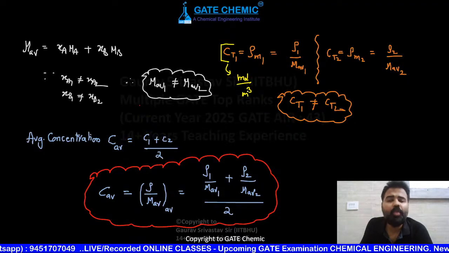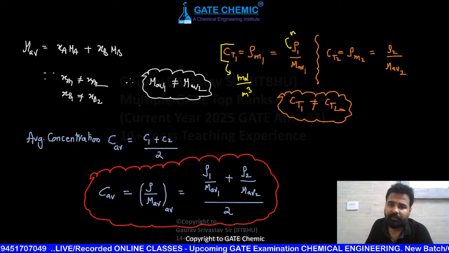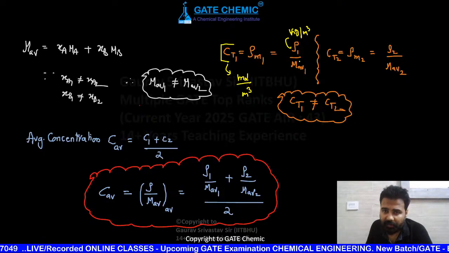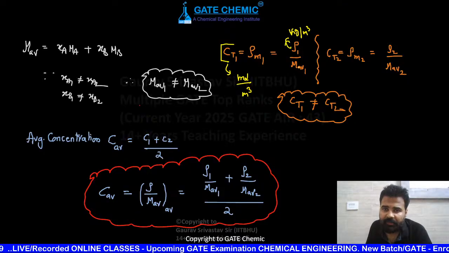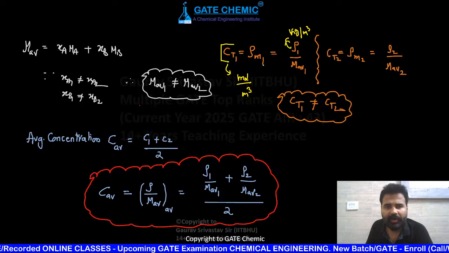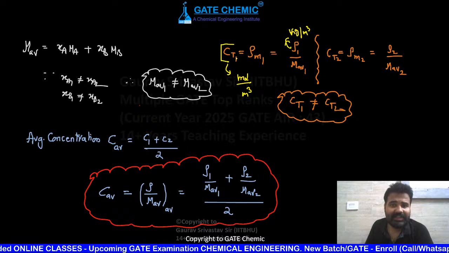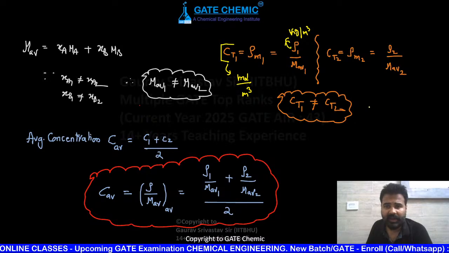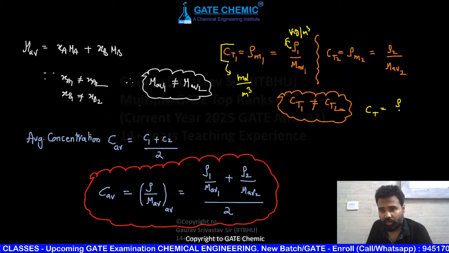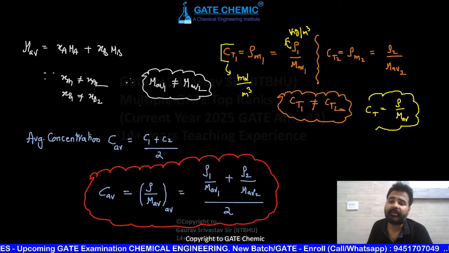If we divide the mass density, whose unit is kilogram per meter cube, by the average molecular weight of that chamber, it converts into molar density, and this molar density is the concentration. That means we can write CT as rho by M average of that respective chamber.